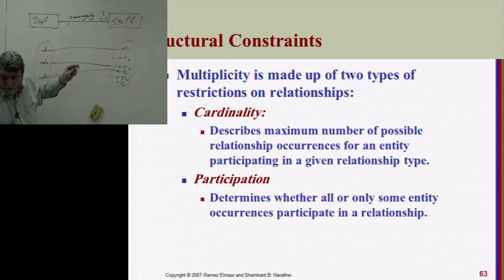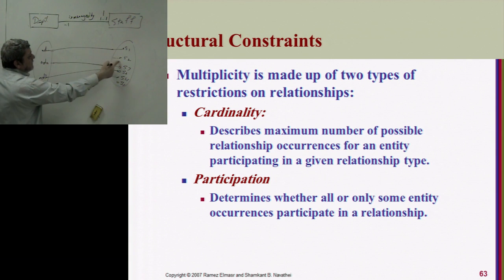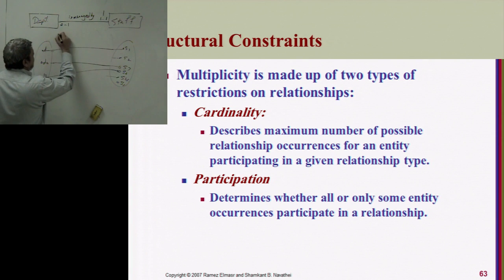We said no. So the maximum is 1 and the minimum is 0 because S2 does not link. So we write it this way, 0 to 1. Always the minimum on the left. Yeah, 0 to 1, 1 to 1. Yes, we write it: participation, cardinality.